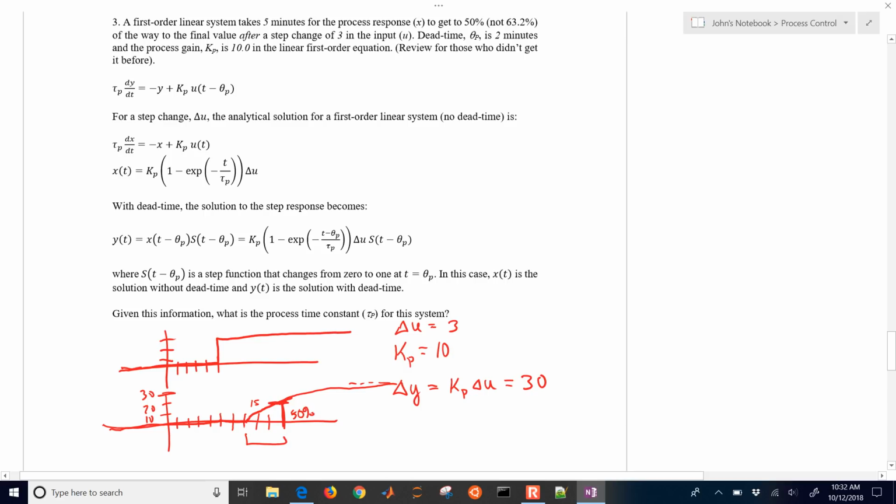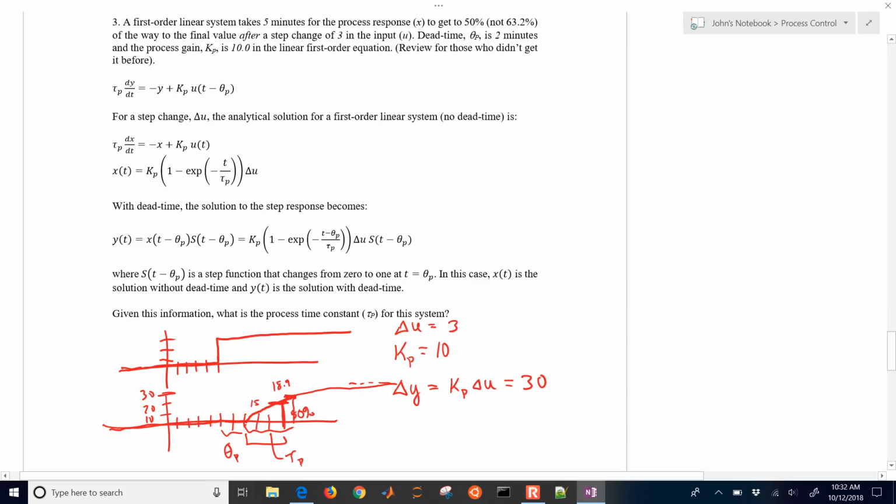We know that to get 63% of the way there, that's going to be 18.9, and this is going to be the time constant, and that is going to be the dead time.